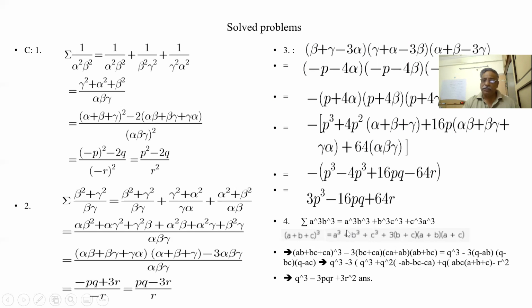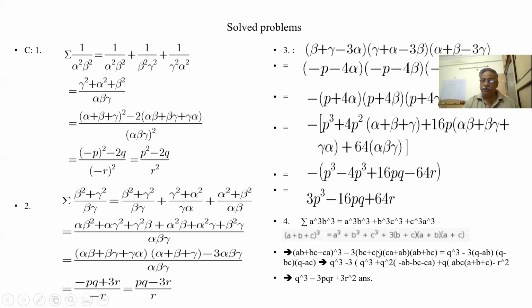So here what is asked? a cube plus b cube plus c cube is asked. So this will go to the other side. So this becomes ab plus bc plus ca whole cube minus 3 into a plus b, b plus c, c plus a. Here we have taken two terms each. This ab plus bc plus ca we know from the equation is q cube.